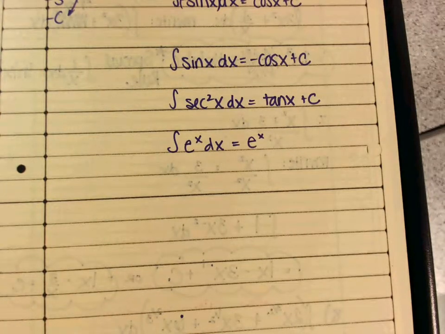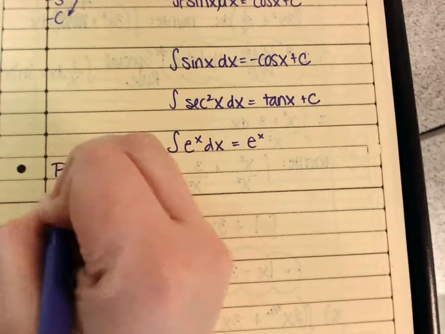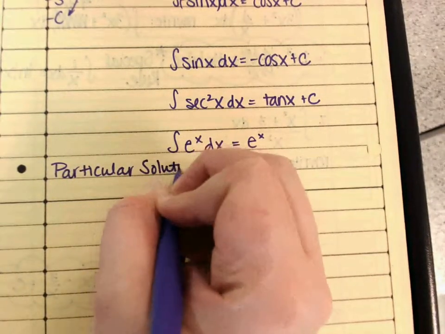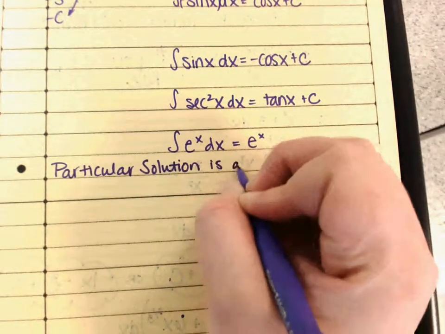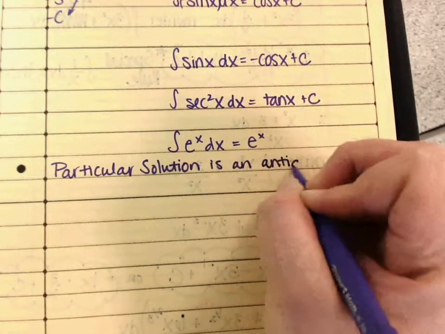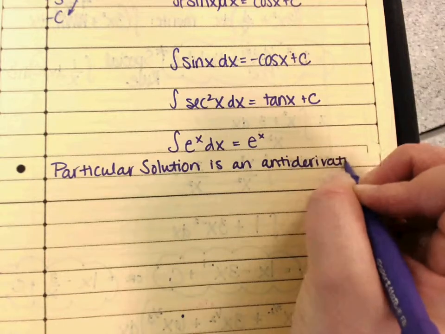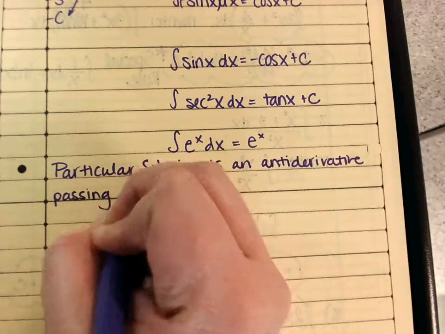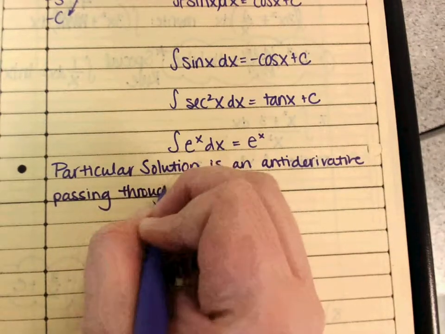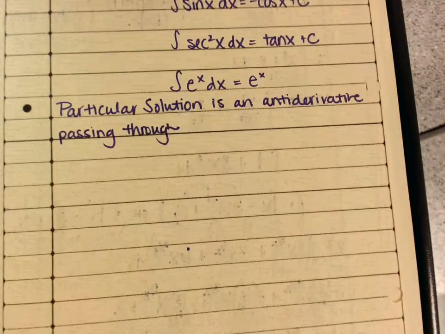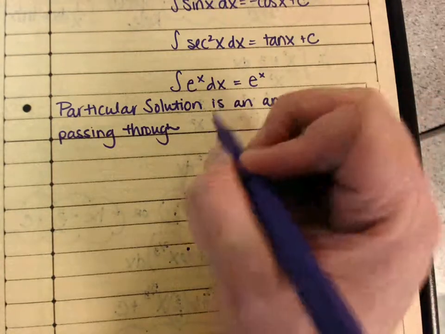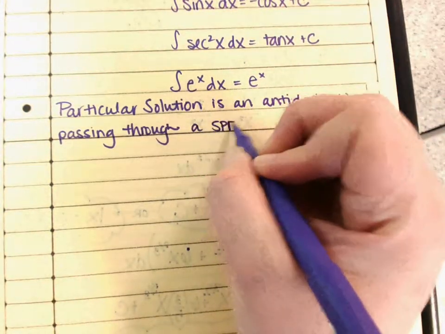So all of the ones that we've done so far have been general solutions. Okay, a particular solution is an antiderivative passing through a specified point.